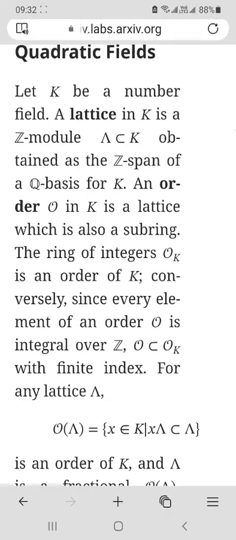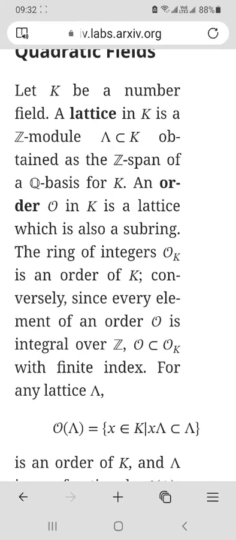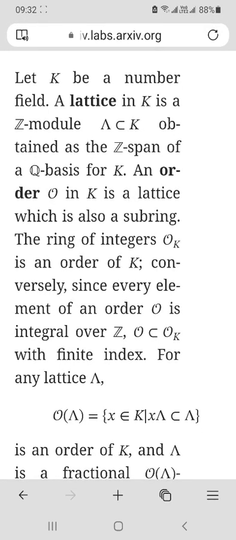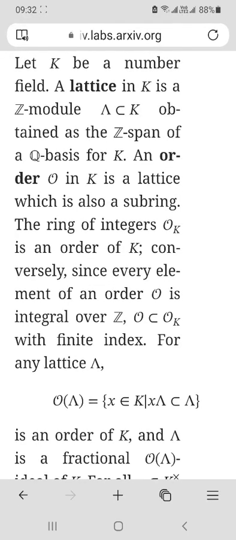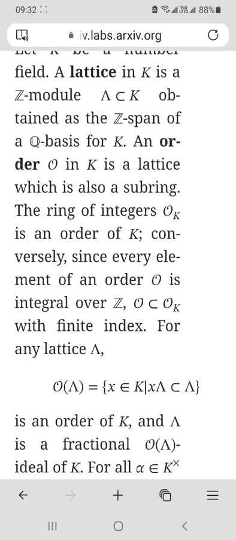A lattice in K is a Z module lambda obtained as a Z span of a Q basis for K.